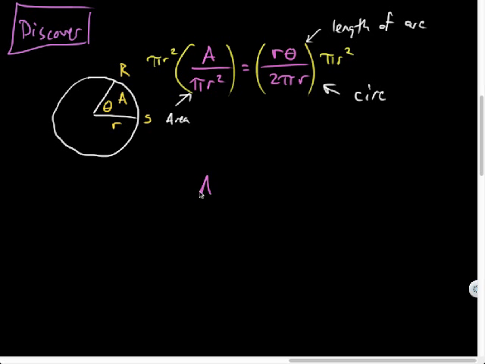A equals, so this cancels out fully. This r and this r cancel out. This pi and this pi cancel out. 2 in the denominator, I'm going to write that as 1/2. I'll have an r squared theta. And this is the area of a sector.